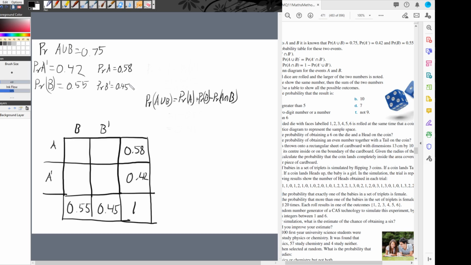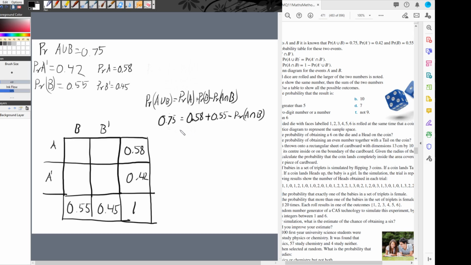So we now know that this here is 0.75. This is equal to the probability of A, which is 0.58, plus 0.55, minus the PR of A intersection B.